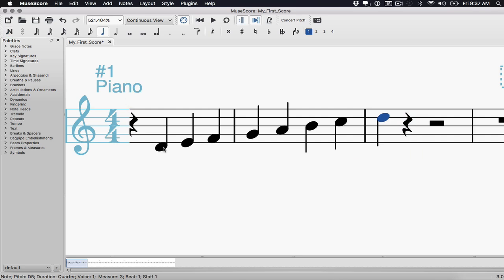So let's see if it matches that definition that I just told you, which is a minor scale with a raised sixth. Okay? So for a minor scale, the pattern is whole step, half step. It's right so far. Whole step, half step.